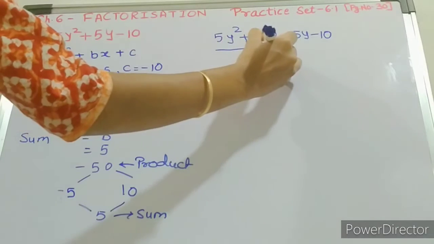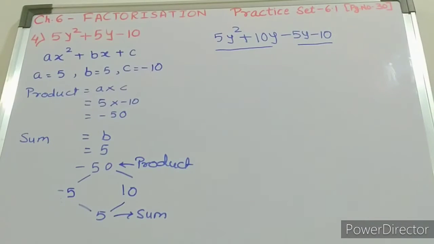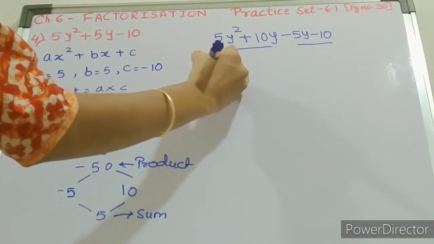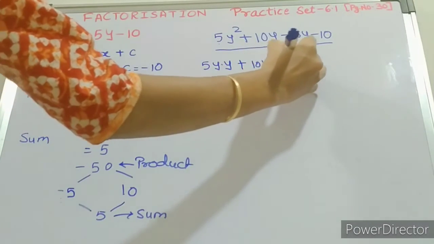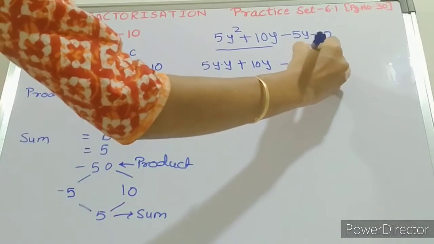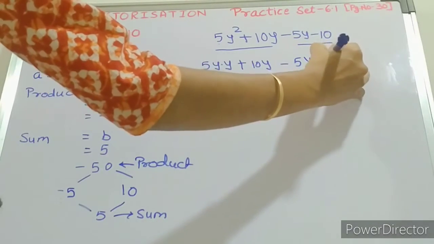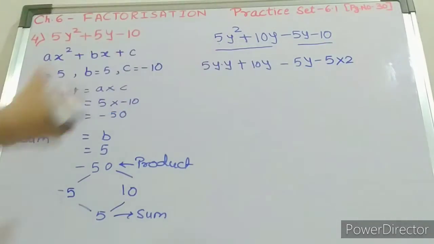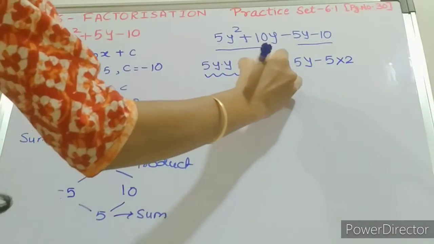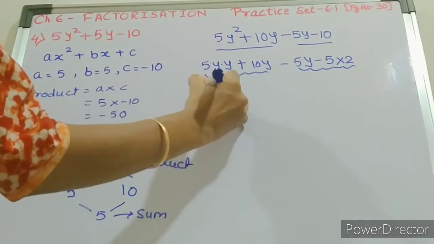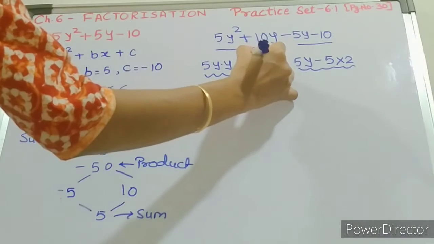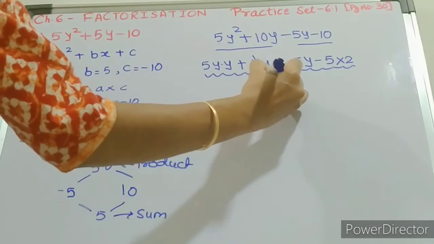Again, next step, take two terms together and find out the common factor. What do you mean by common factor? This 5y square can be written as 5y into y, correct? Plus 10y can be written as 5 into 2y.